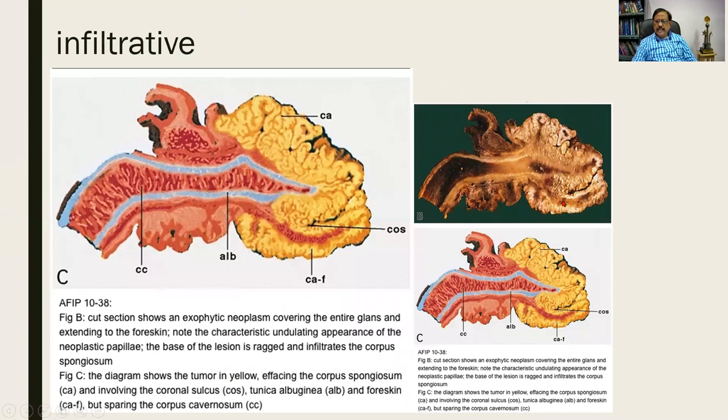This is another specimen wherein I am finding a growth that is infiltrating and destroying the prepuce and the glans penis. And it can even be invading the shaft. That is why the surgeon does an amputation of the penis.